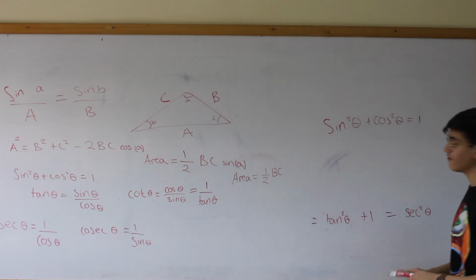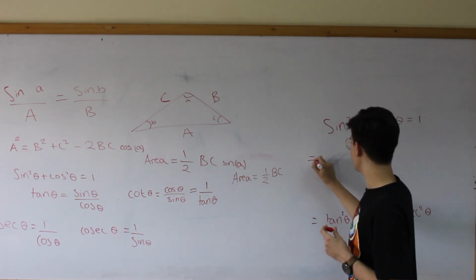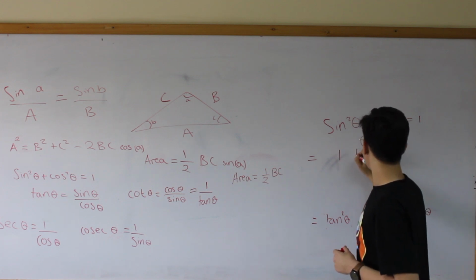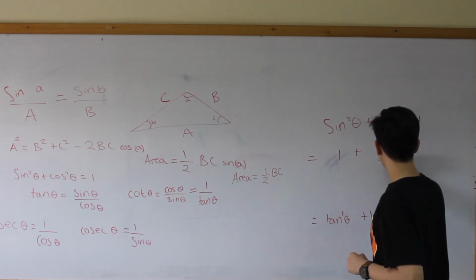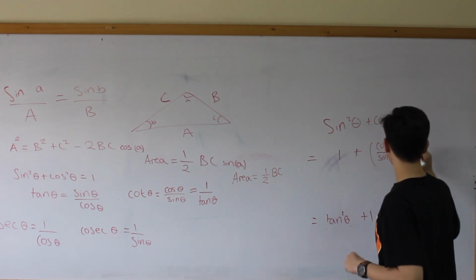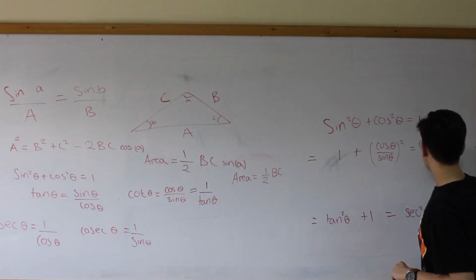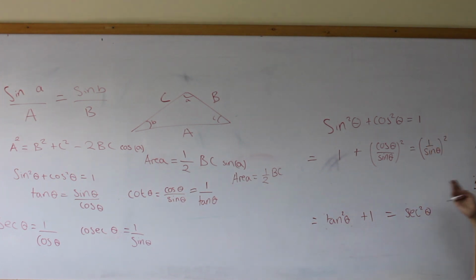And likewise, if we go back to the original formula, let's divide it all by sine squared. Sine squared theta over sine squared theta will give you 1, plus cos theta over sine theta all squared, and is equal to 1 over sine of theta all squared. This is just dividing everything by sine squared of theta.